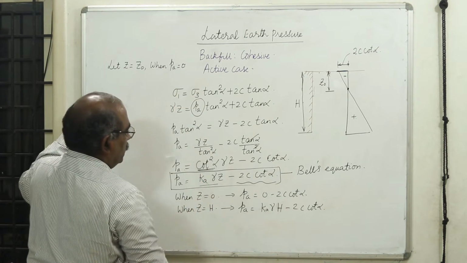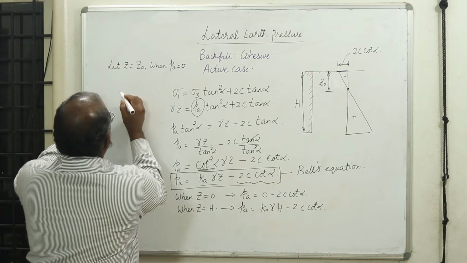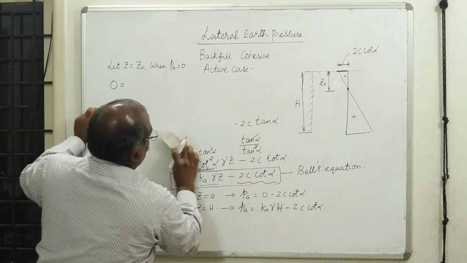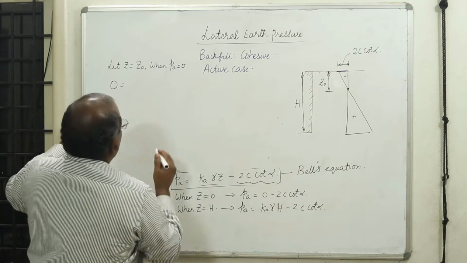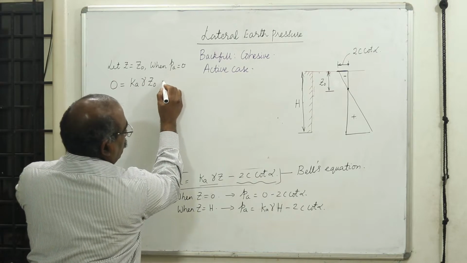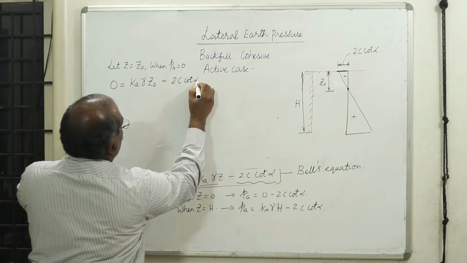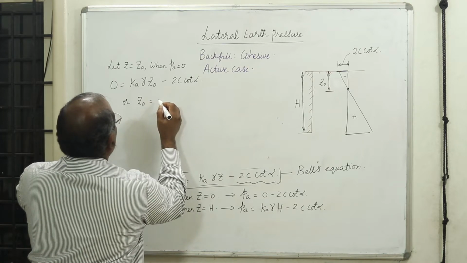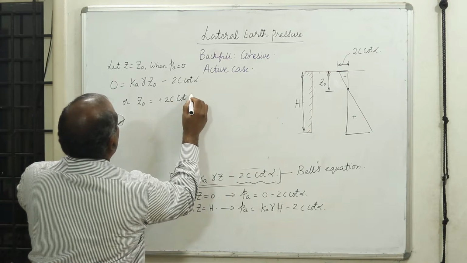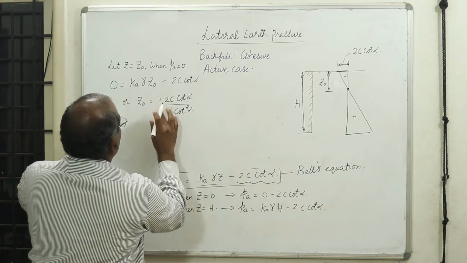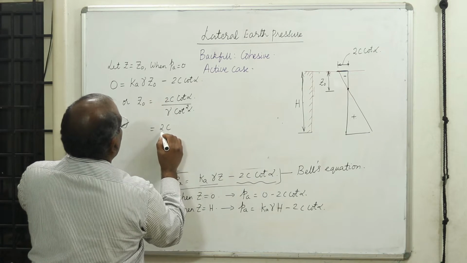Substituting in this expression, PA equal to 0 gives 0 equal to Ka gamma Z0 minus 2c cot alpha, or Z0 equal to 2c cot alpha divided by gamma into Ka. Ka is nothing but cot square alpha, so it becomes 2c by gamma.